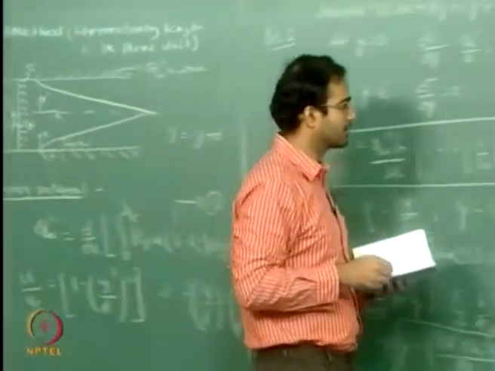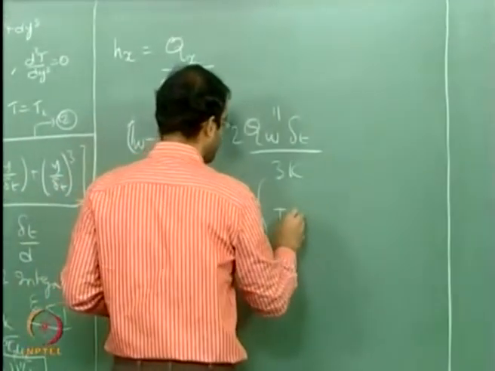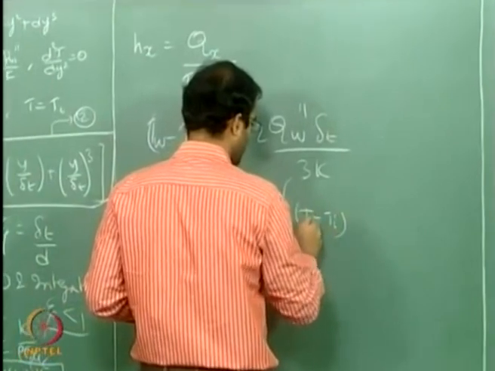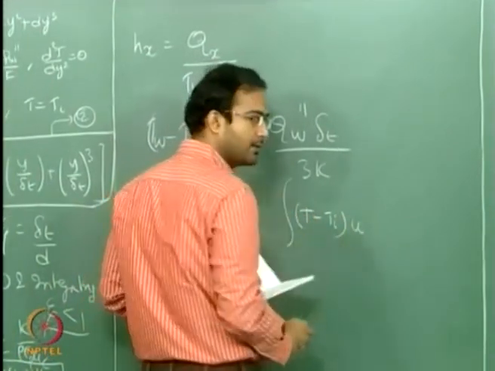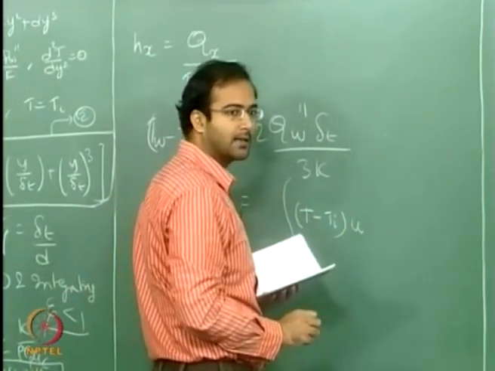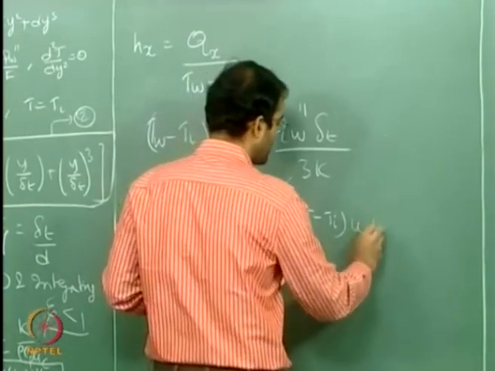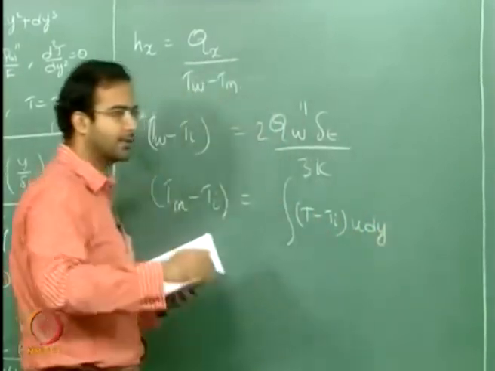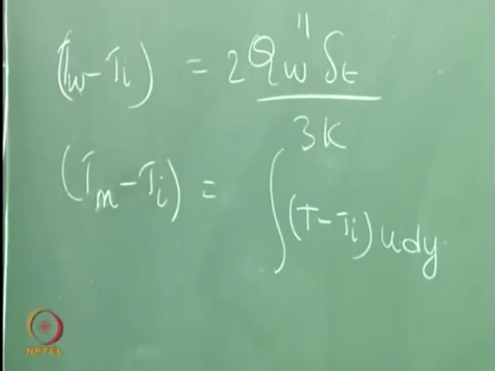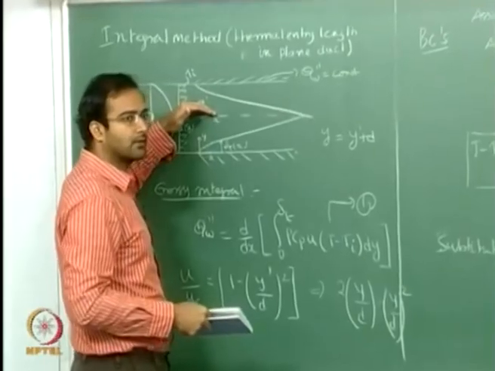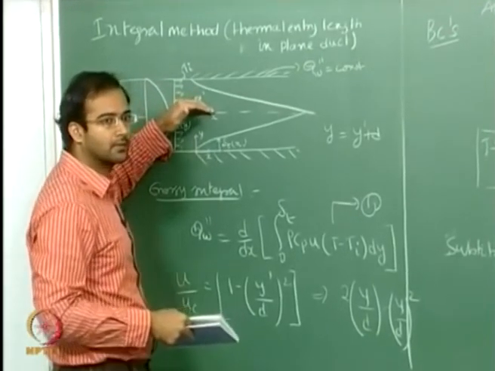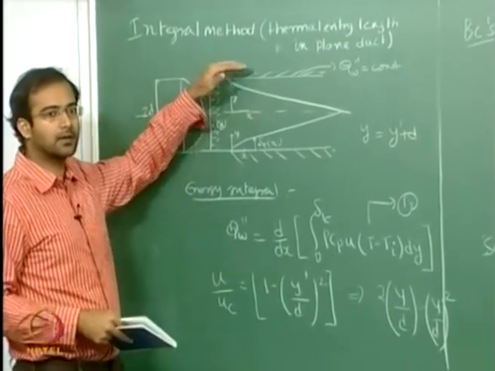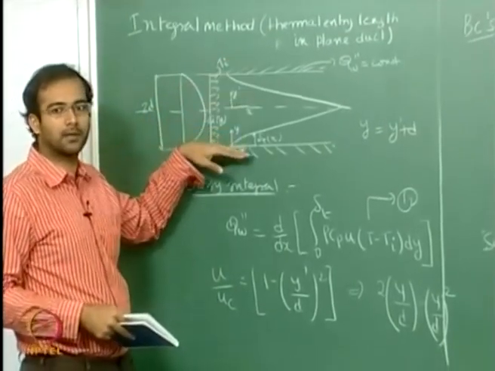Okay, so that is T minus Ti, and weight it with the velocity, and here for the channel case we have to consider only the integration along this y. Now the velocity profile that we have, we are looking at boundary layer growth from the top plate and bottom plate.